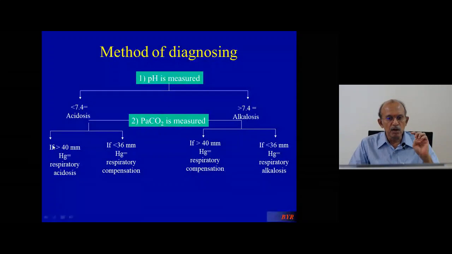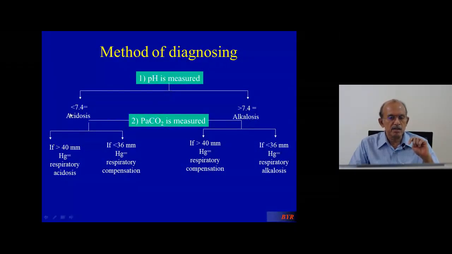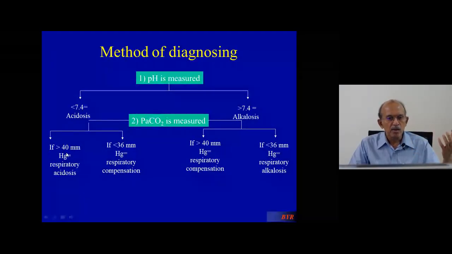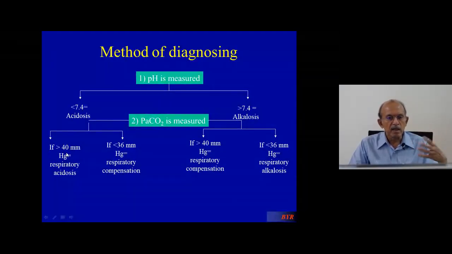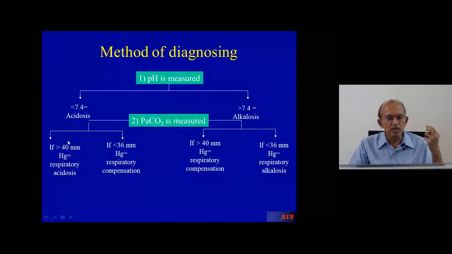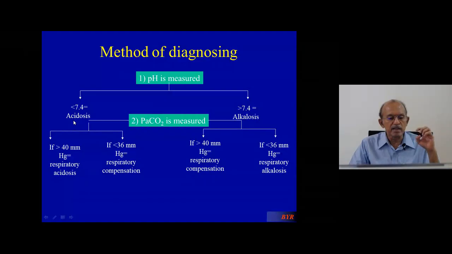If the PaCO2 level is more than 40 millimeters of mercury, then this respiratory factor is causing acidosis, because more than 40 means there is more carbon dioxide. More carbon dioxide means more carbonic acid. So carbonic acid is responsible for acidosis, and you call it respiratory acidosis. I hope this is clear.